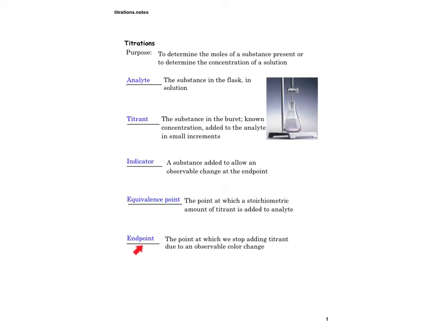The end point is an observable color change. In a well-designed titration, these two are the same, or very close, but that needs to be a well-designed titration. And in second semester, we'll see how to actually do that.